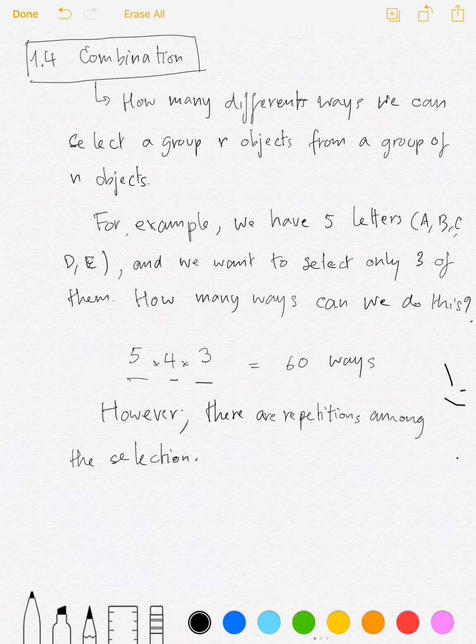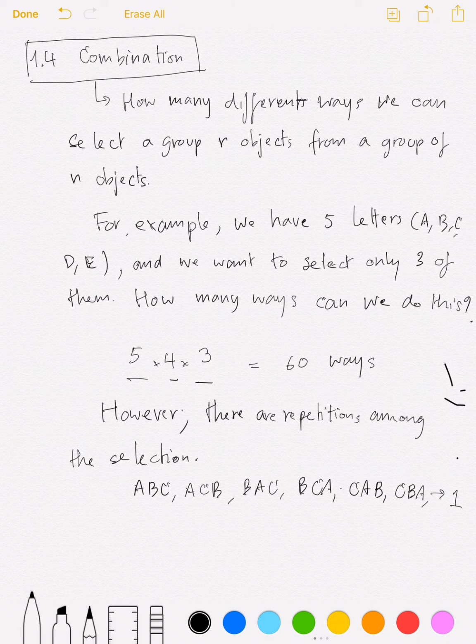What do I mean? For example, A, B, C would be the same as A, C, B, same as B, A, C, same as B, C, A, C, A, B, and C, B, A. So all these 6 will be counted as 1, because we don't really care about the arrangement among the 3.